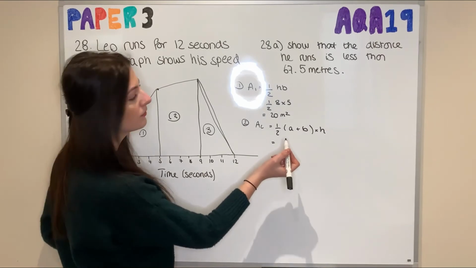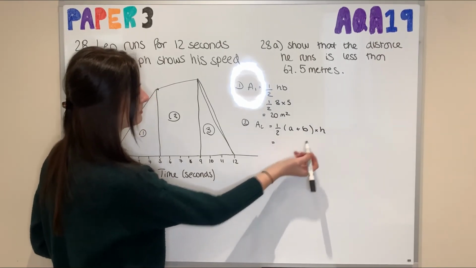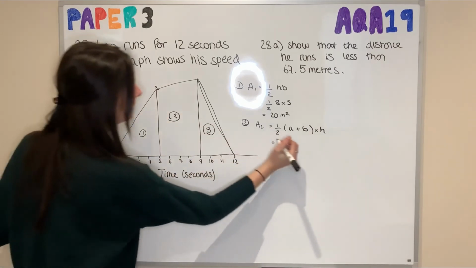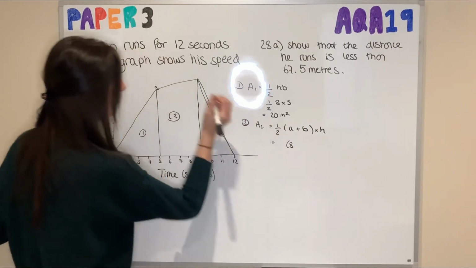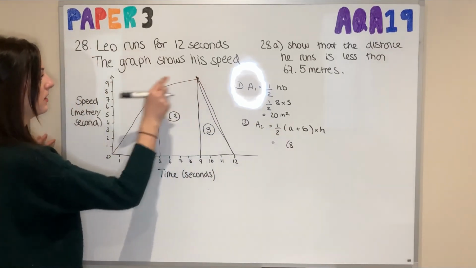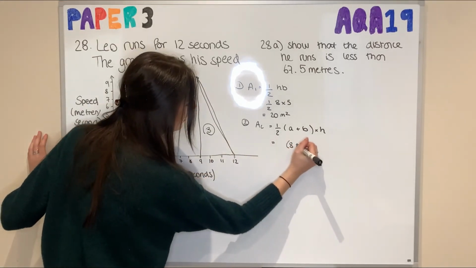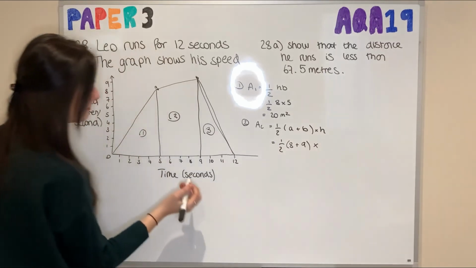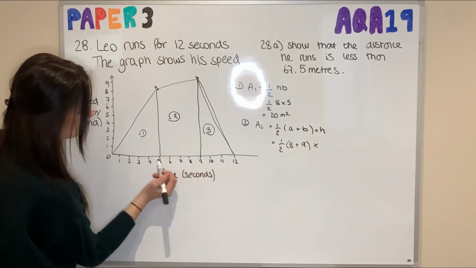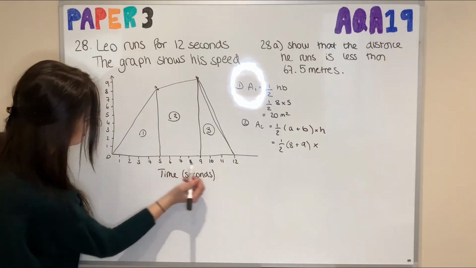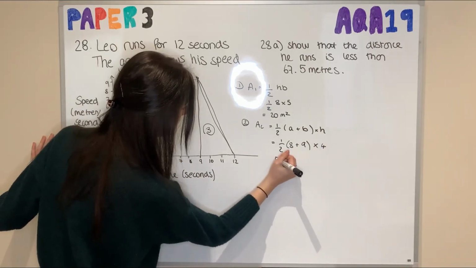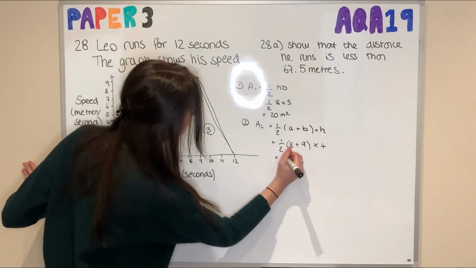For the formula of the trapezium, we have A plus B. Our A is this height here, which is 8, and our B is the second height here, which is 9. So 8 plus 9, half, and we multiply this by the step size, which is 4. This gives us a value of 34.